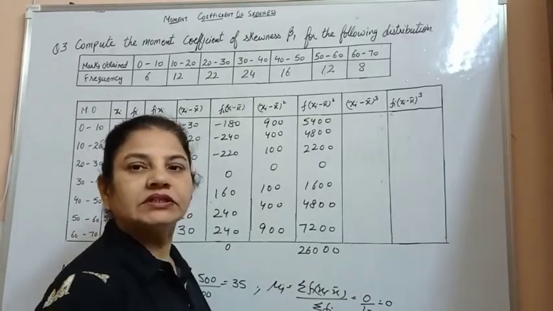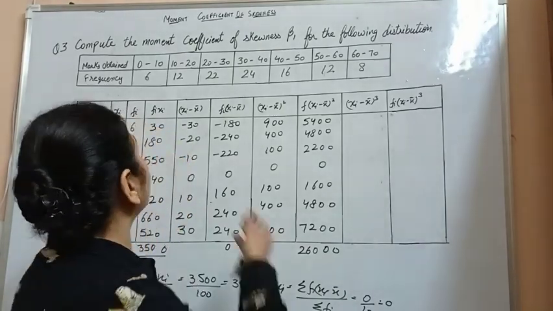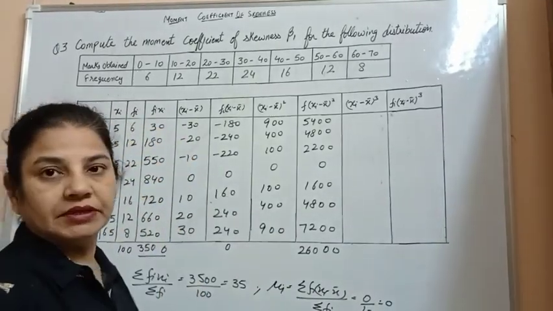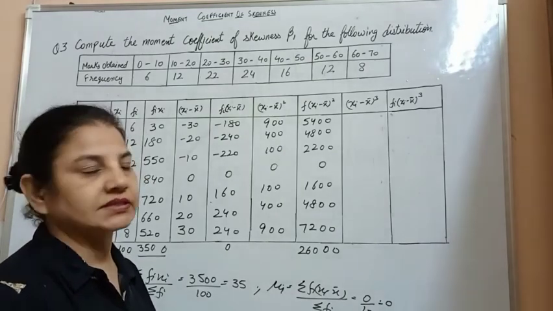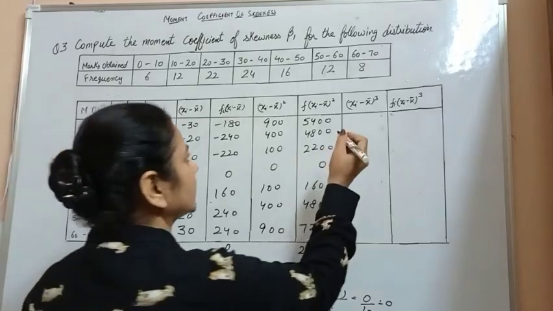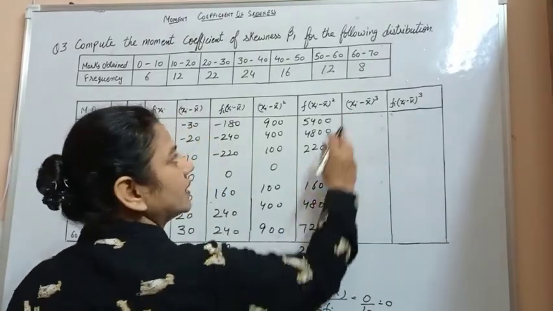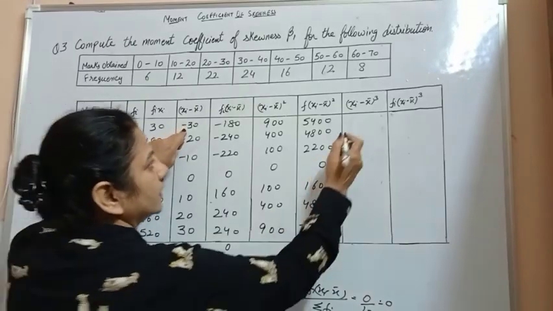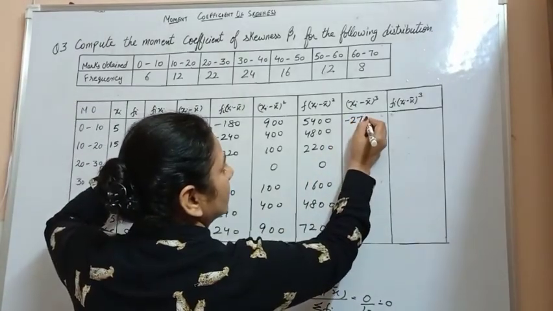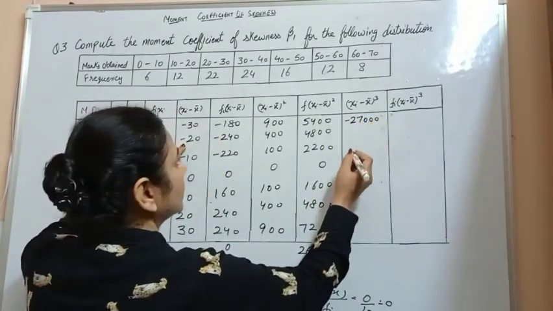Now we calculate for the third central moment, because to calculate the moment coefficient of skewness beta 1, I need the third central moment as well as the second central moment. So for the third central moment, xi minus x bar whole cube. You have to take the cube of minus 30, which gives minus 27,000.